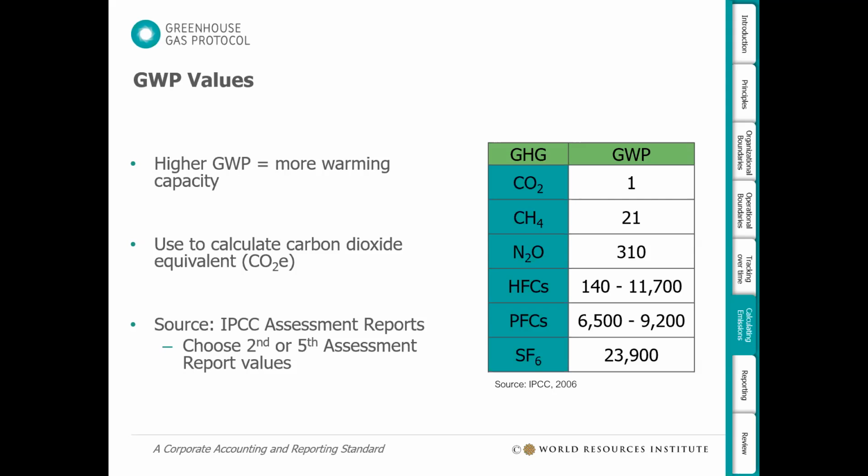Elena has shared with you a PDF that lists the GWP values from both the second assessment report and the fifth assessment report. So hopefully that'll be useful to you as a resource should you go on to construct an inventory.